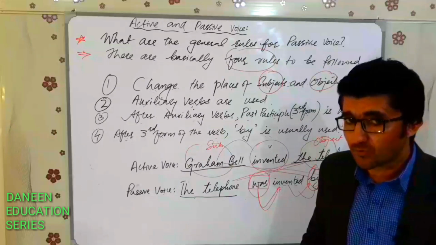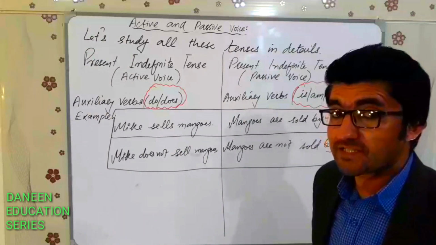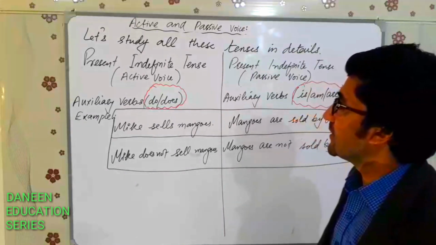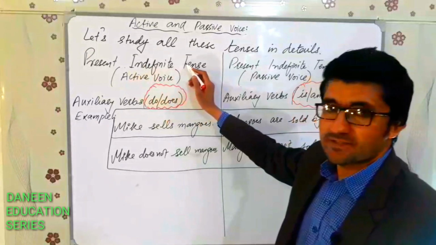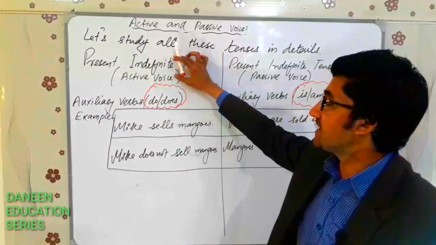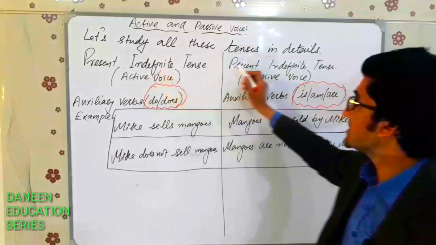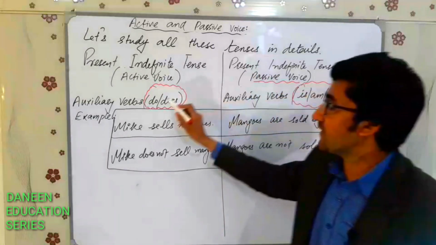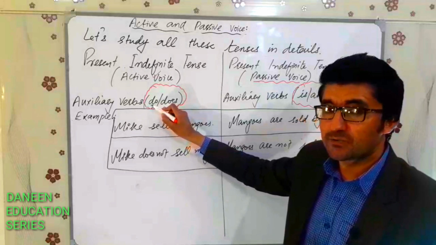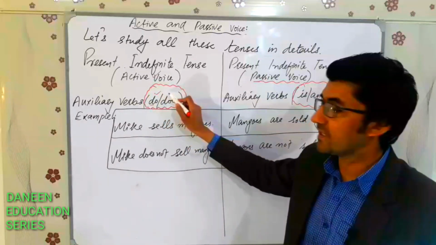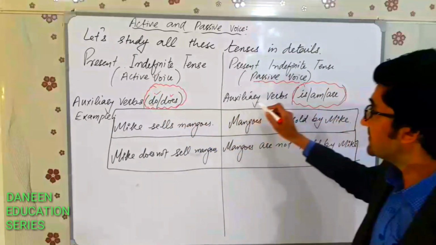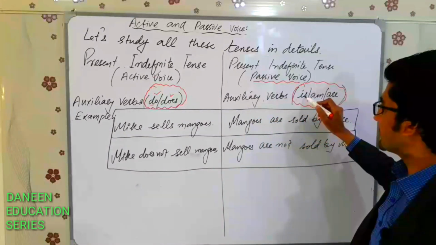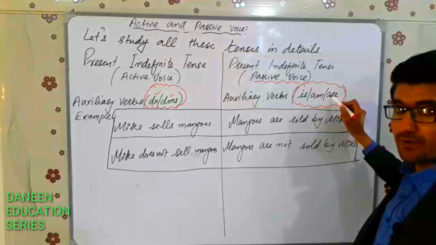Let's talk about some more points. Now let's talk about all these tenses one by one. Number first, we have present indefinite tense. Present indefinite tense in its active voice and present indefinite tense in its passive voice. In active voice, the auxiliaries that are used are do and does, while in passive voice, the auxiliary verbs that are used are is, am, are.